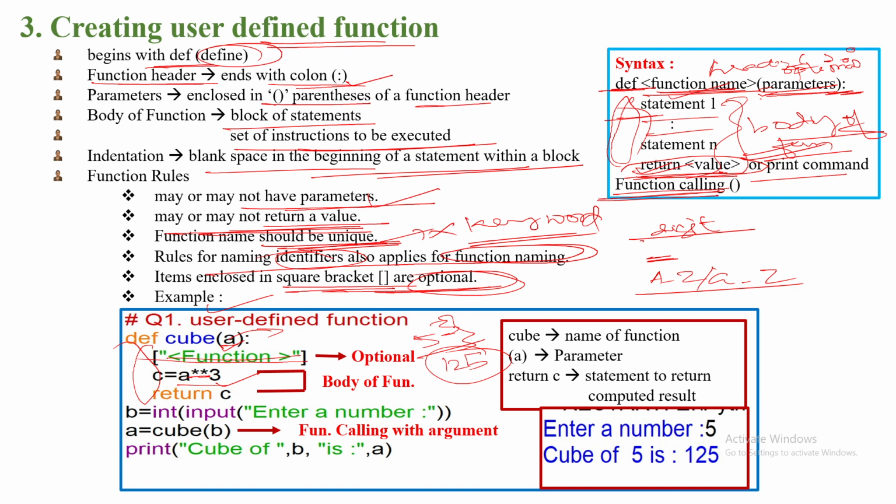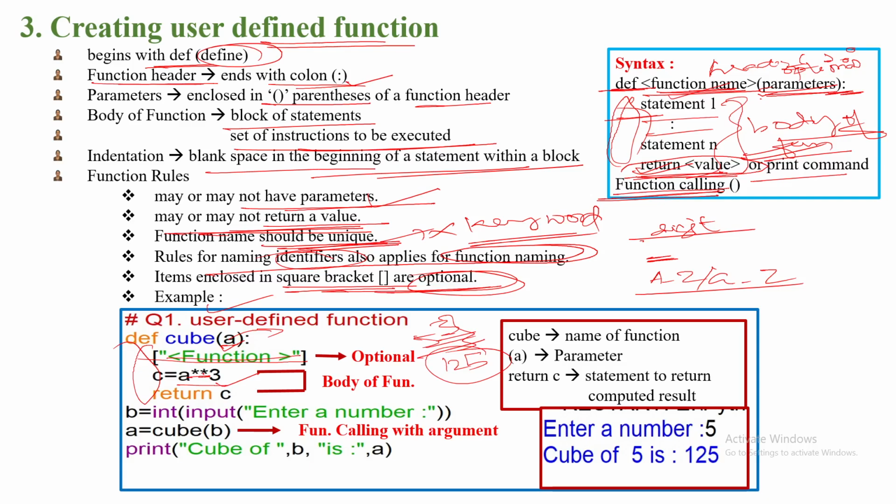I'm talking about mathematical operations, not superscript or subscript. We cannot write 5 power 3 that way. Otherwise we can use the math module, through which we can compute the power.